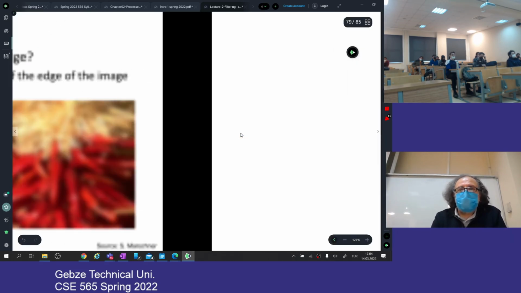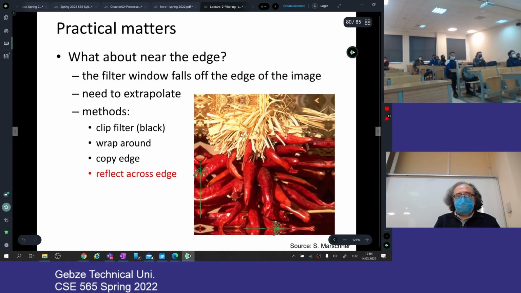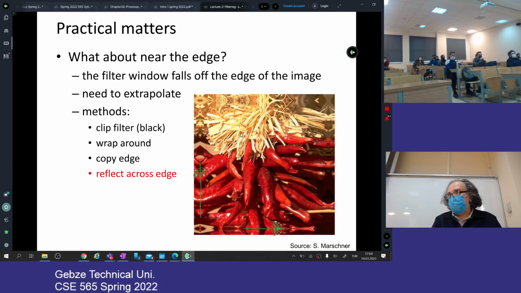Okay? So basically, I told you about the convolution, and I told you about the Gaussian filtering. I told you about the Gaussian noise. By the way, Gaussian noise and Gaussian filtering are two different things. Okay? The fact that we are applying Gaussian filtering to get rid of the noise is not because of the Gaussian noise. I mean, they are just models.